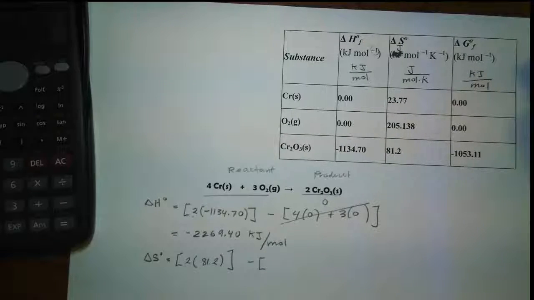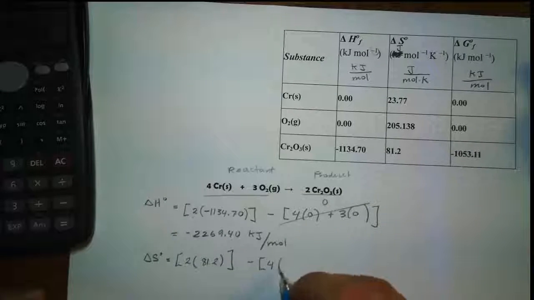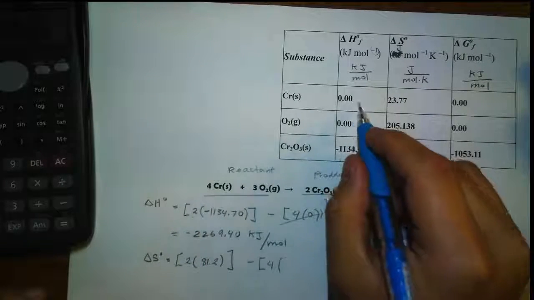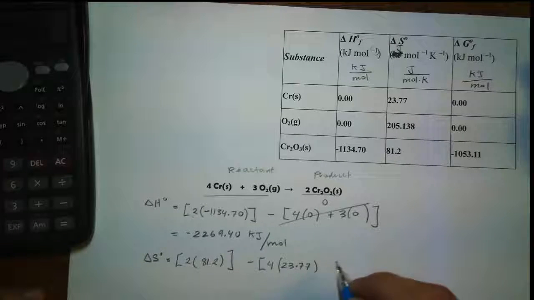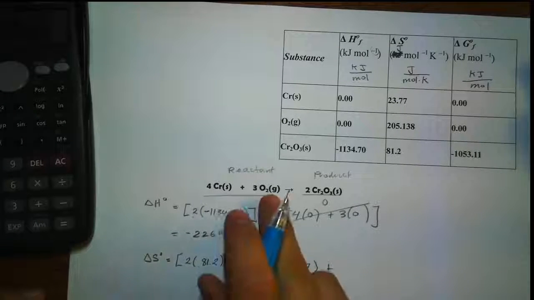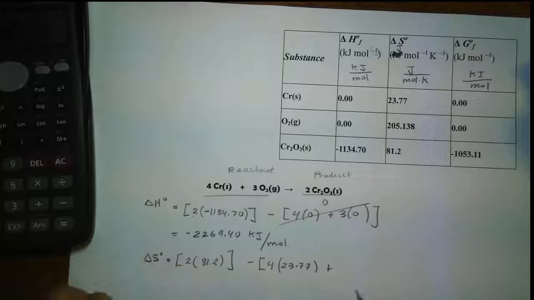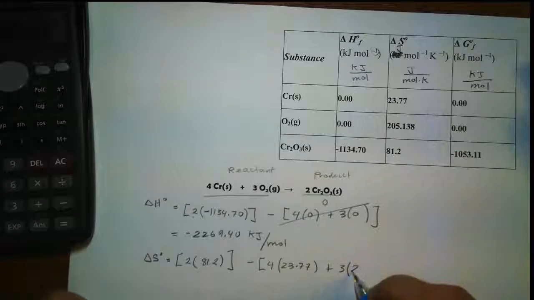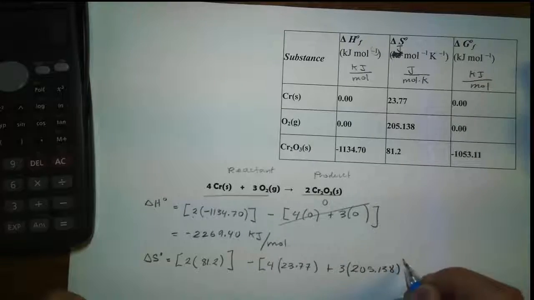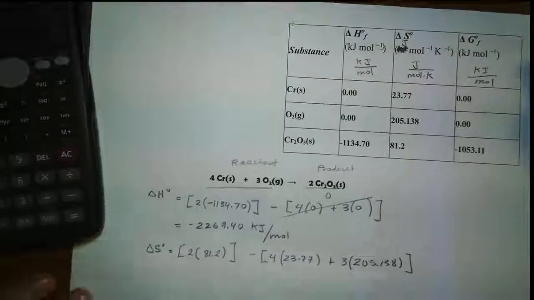So we have to realize there is a value for it. In this case, we have 4 times Cr. Cr is 23.77. And notice how it's the sum of reactants, so we need to add them together, which in this case we have 3 O2, since the value for oxygen is 205.138. There you go. Isn't that easy?